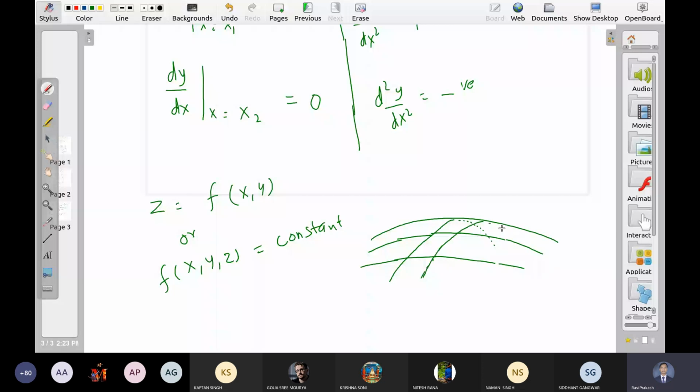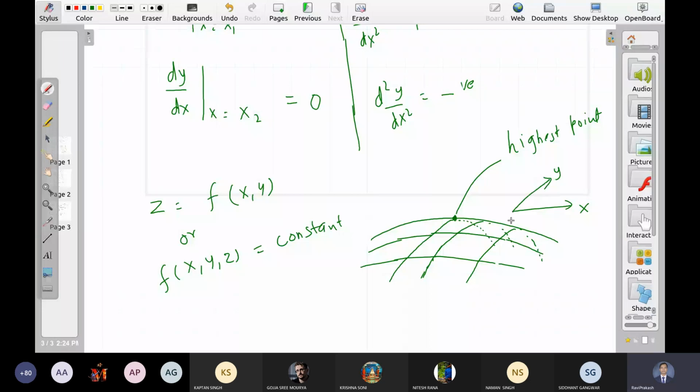And you can see quite clearly that this is the highest point, right? And what is the property of this highest point? So this is the x-axis. If you go along horizontally left or right, you are moving along the x-axis. And if you are going perpendicular to this plane, you are going along the y-axis.